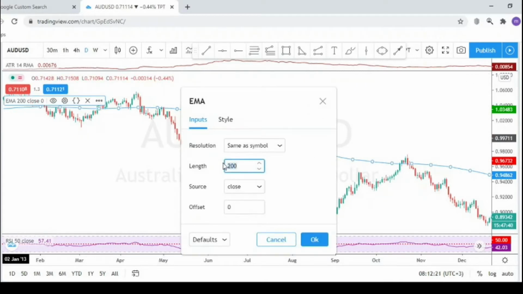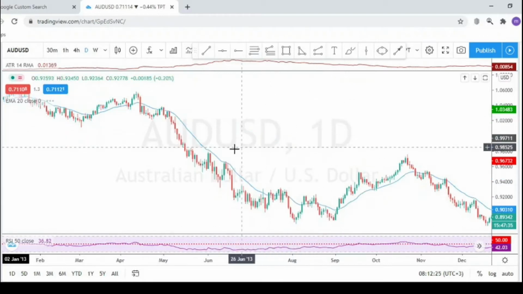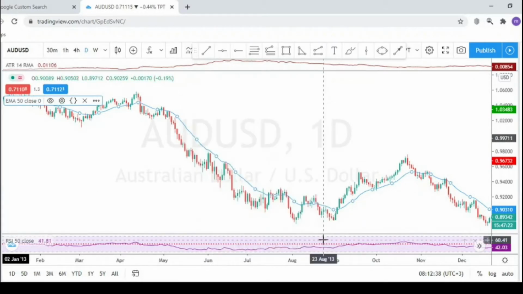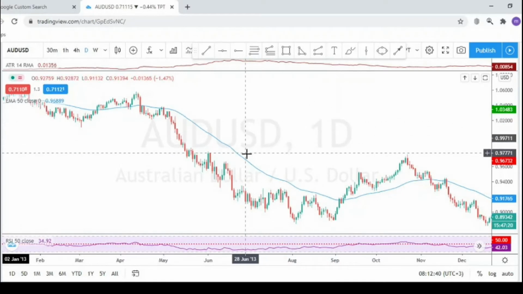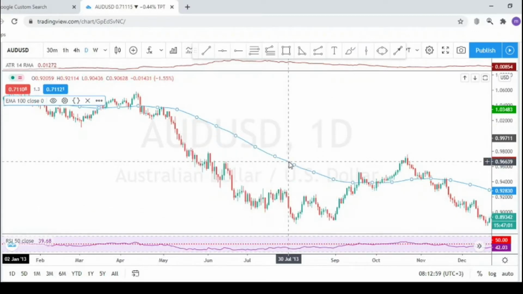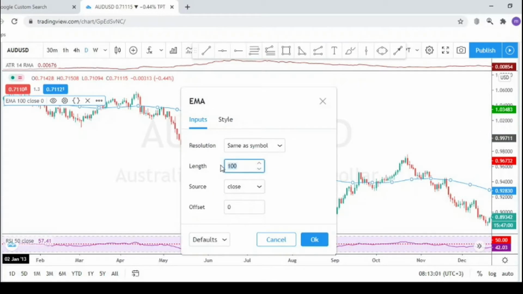For example, let me put 20 EMA, you can put 50 EMA depending on the market conditions, you can put 100 EMA, or you can put 200 EMA.